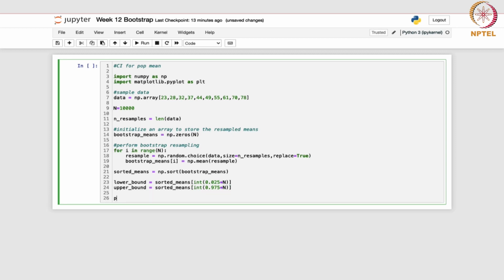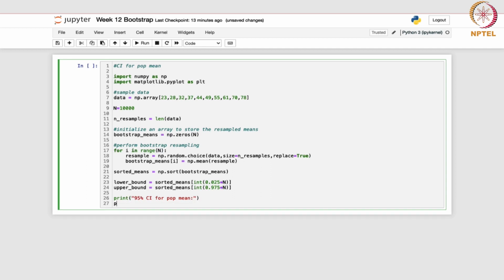Now we can print the confidence interval. So print that 95% confidence interval for population mean. So we need the lower bound.